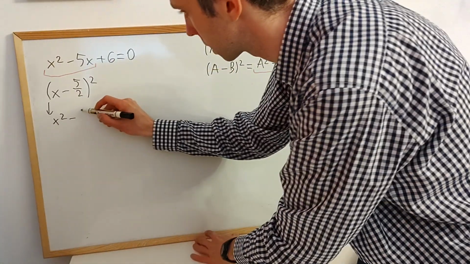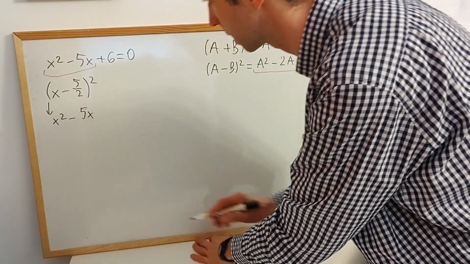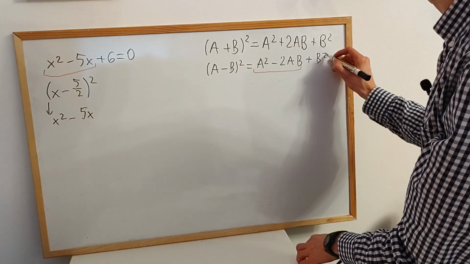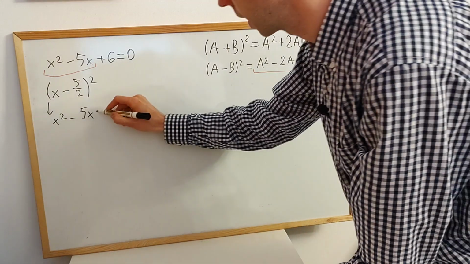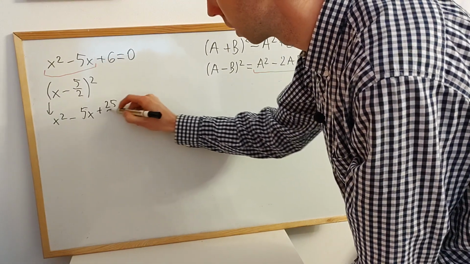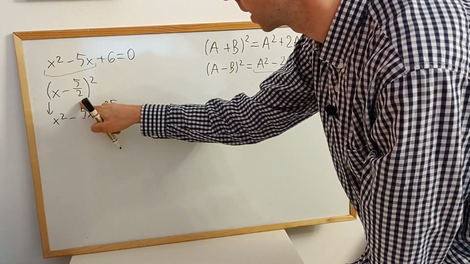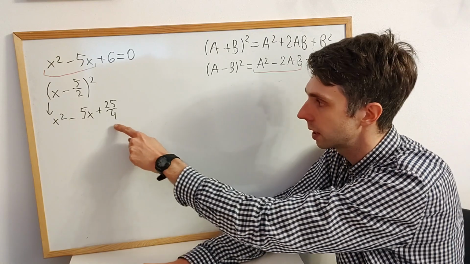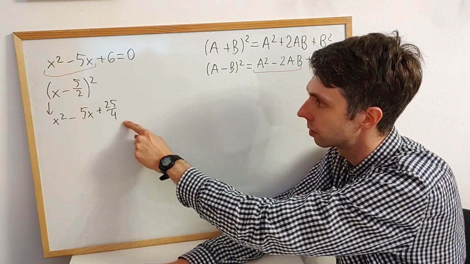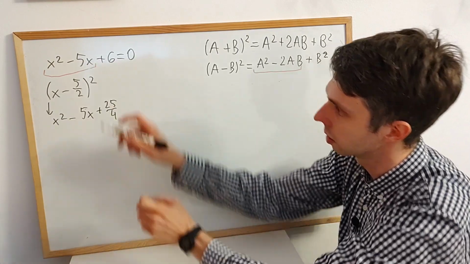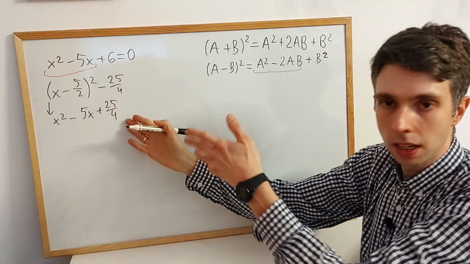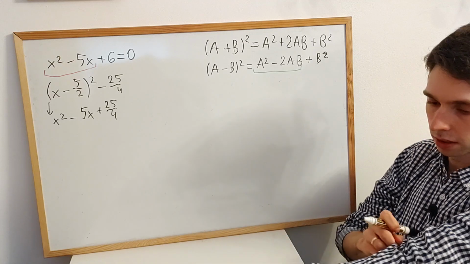So 2 cancels out, so you get 5x. But you also get plus b squared term, so plus 25 over 4, because that's this squared. But here you don't have anything like 25 over 4, so you need to subtract this because that's an extra unwanted term.